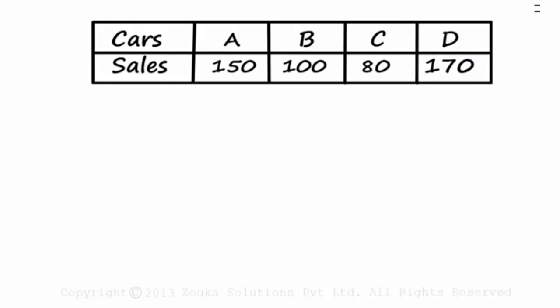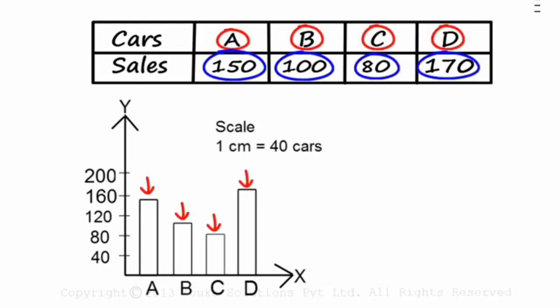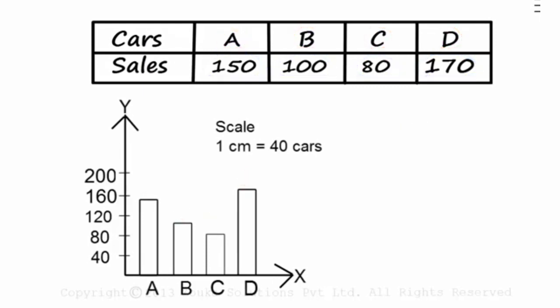First, let us see how the bar graph for this data would look. 4 bars to represent the sales of 4 types of cars. An appropriate scale of 1 centimeter equal to 40 cars was chosen. We can see that car D was the best-selling model in that month, and lesser numbers of car C were sold. But is there any other way in which we can represent this data?